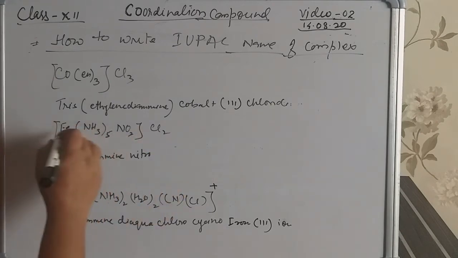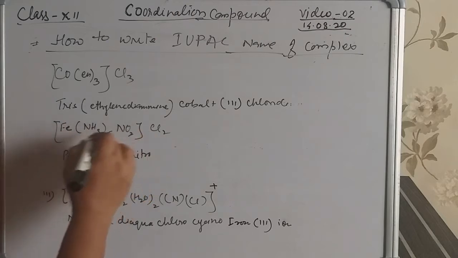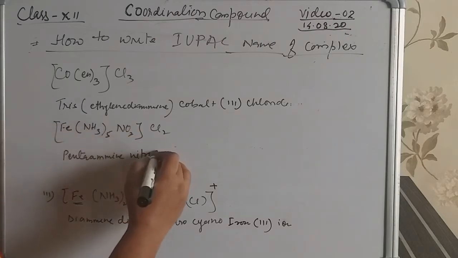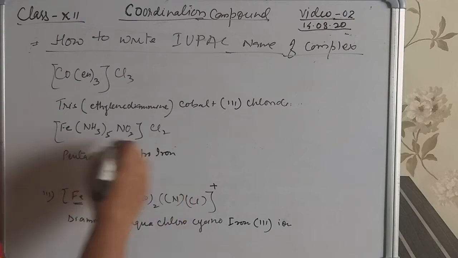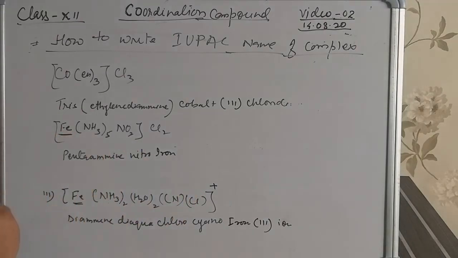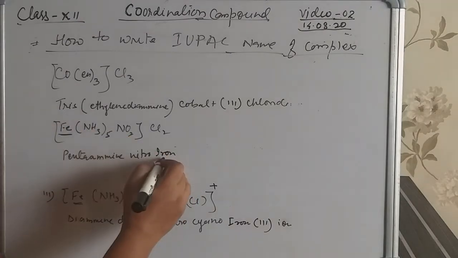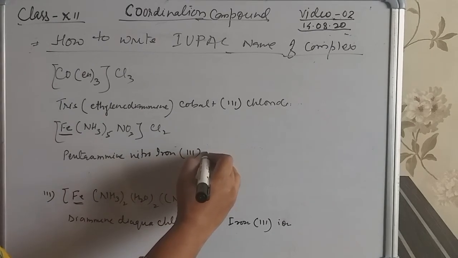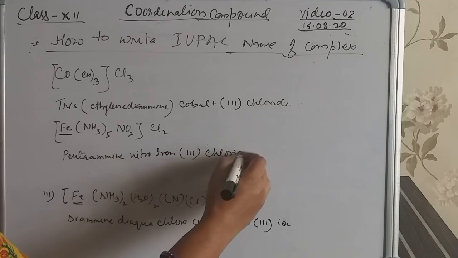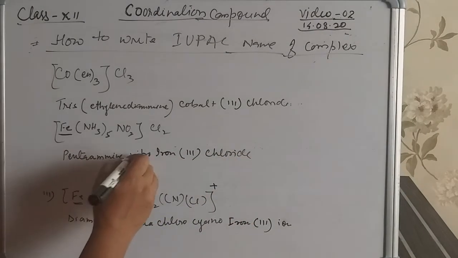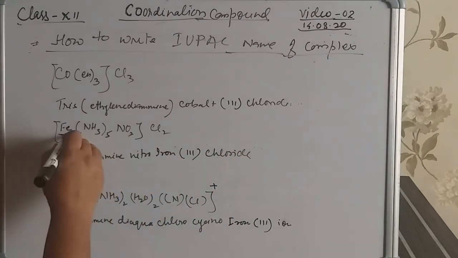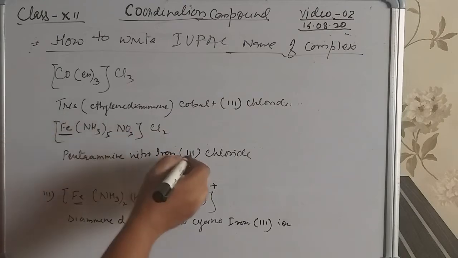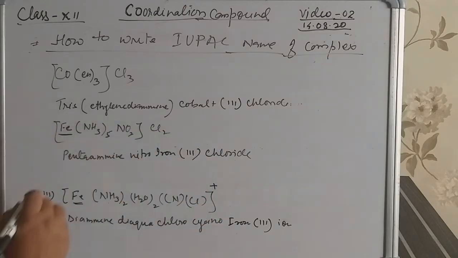Then iron, because the complex is not an anion, it is a cation, so iron is used for the central metal atom. Then the oxidation number, then chloride. Pentaammine, nitro, iron, then oxidation number, then chloride.